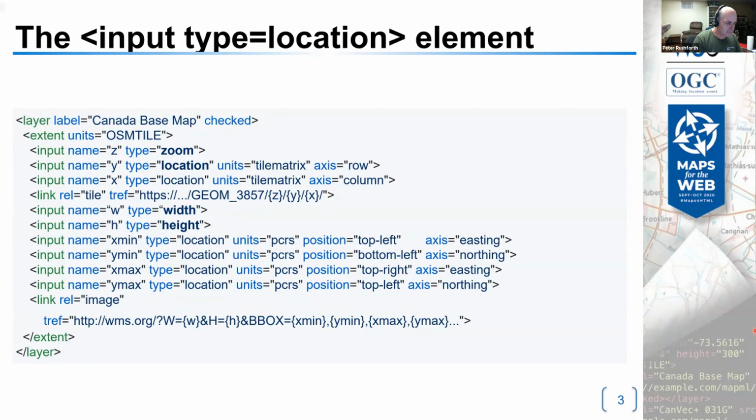Then we would be able to serialize the zoom axis of a location event with an input type equals location. The location units attribute identifies by acronym the coordinate system that the location event will take place in. For example, units equals tile matrix identifies that a location event at a tile in a tile matrix is being serialized.